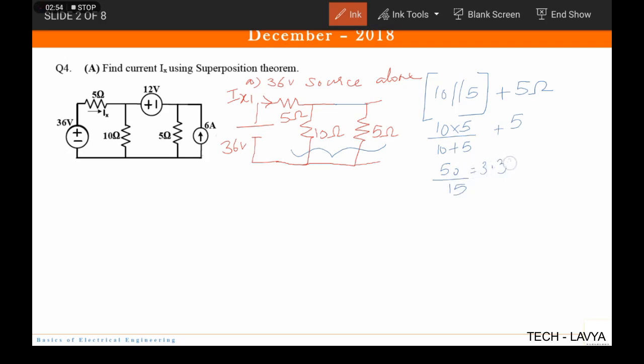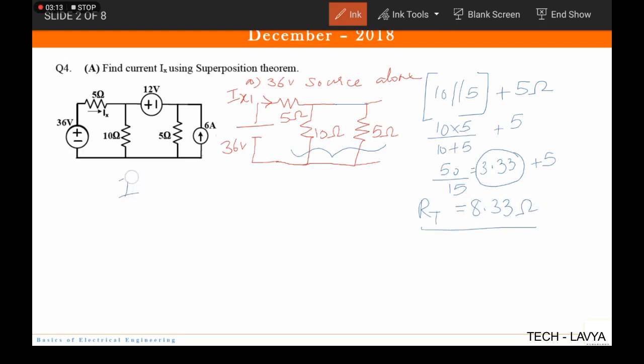And this 5 ohm is in series, so the total resistance is 8.33 ohms. So we have calculated the total resistance.